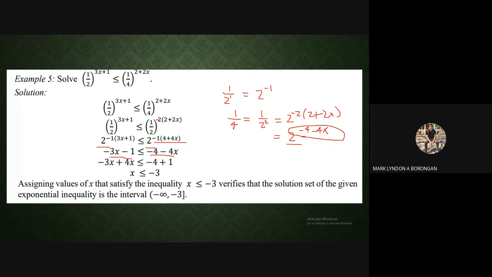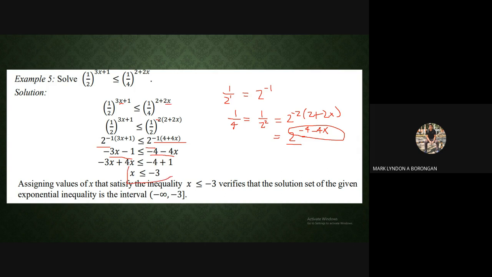So you'll have now -3x plus 4x less than or equal to -4 plus 1. So na kay positive x, and then it is less than or equal to -3. If mag-assign ka og values ani, you can try mag-assign kag value sa atong x diri sa taas. If true ba, maka-true ba siya sa statement.